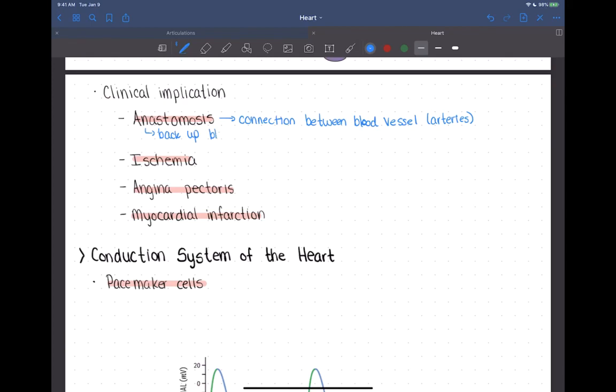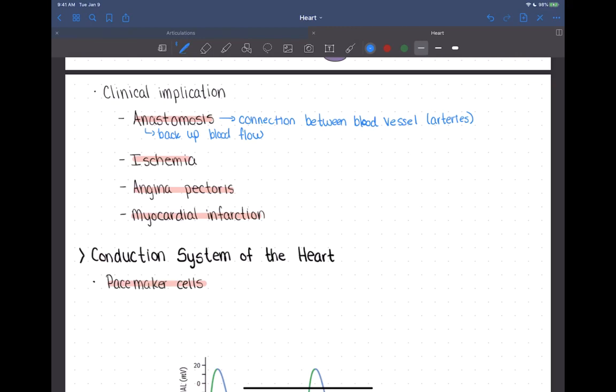So if you get a clot or some sort of blockage, like some sort of plaque, maybe in one of your coronary vessels, typically there are going to be these anastomoses, these other connections coming from other places that can bypass that blockage and still send nourishment and oxygen to that area.